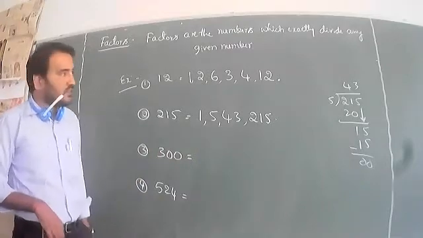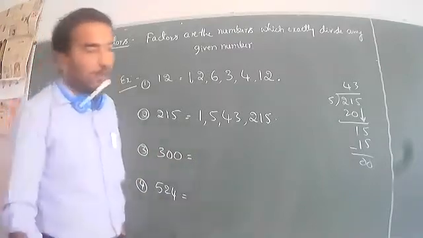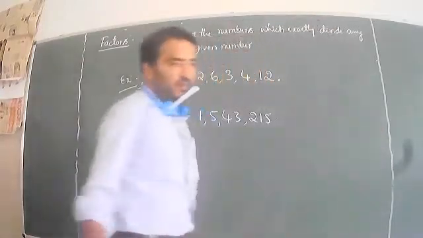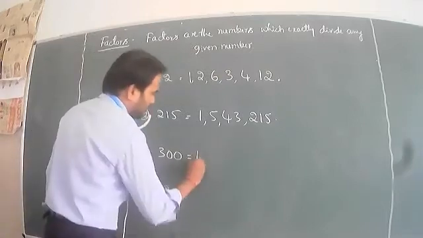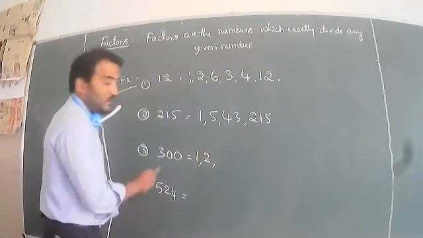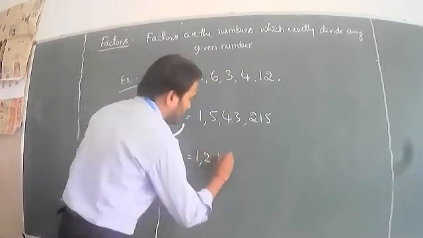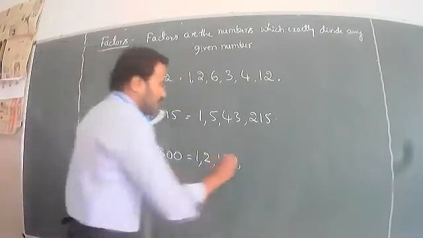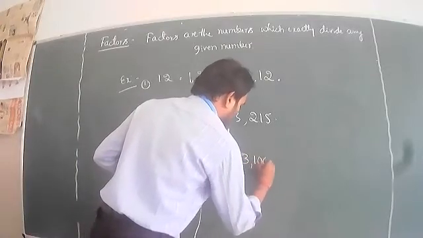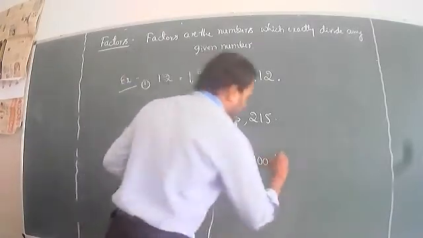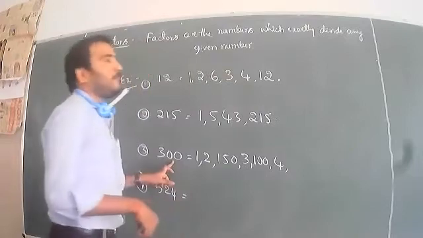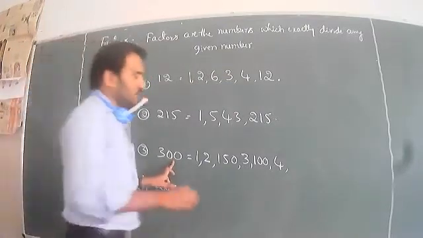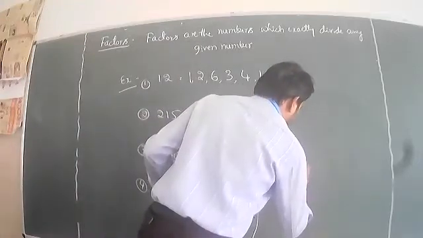Now I will go for 300. How many factors of 300? Check it. 1. 2: 2 times 150 is 300. Next 3: 3 times 100 is 300. Next 4: 4 times 75 is 300.